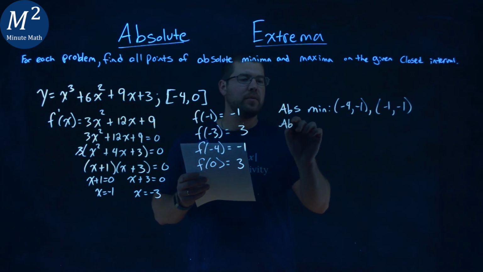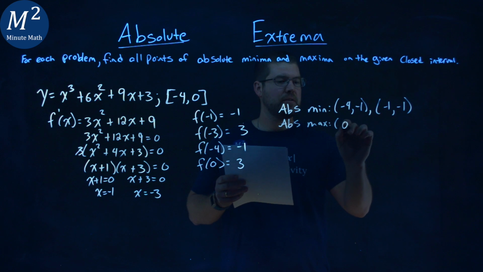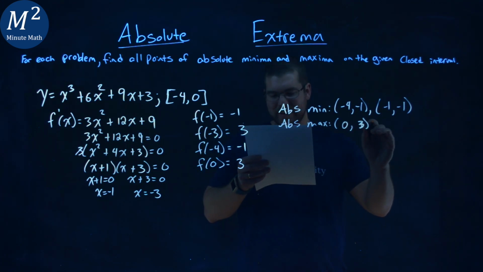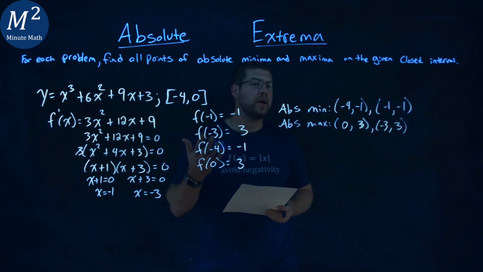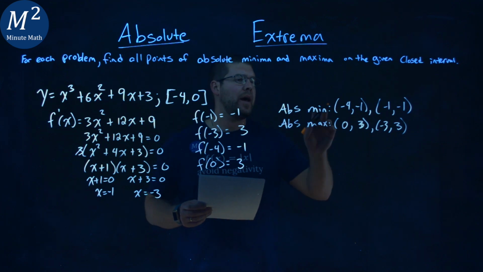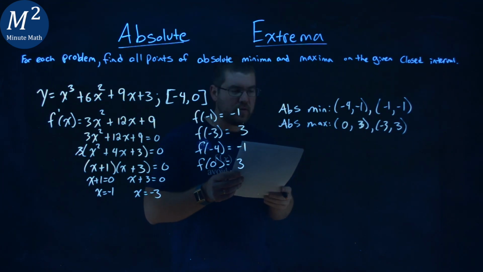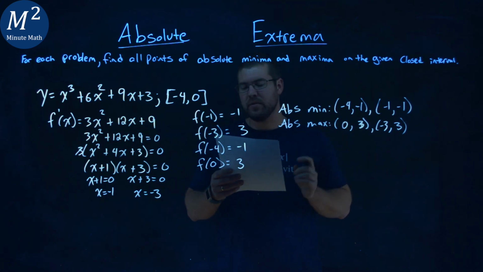Our absolute maximum has the two points 0, 3 and -3, 3. And so again, our final answer here is absolute minima at -4, -1 and -1, -1, as well as our absolute maxima at 0, 3 and -3, 3.